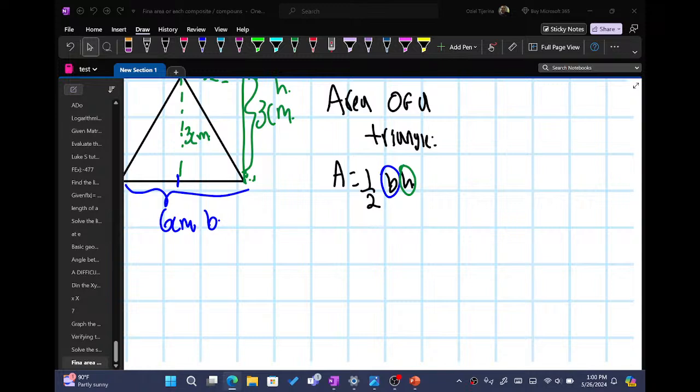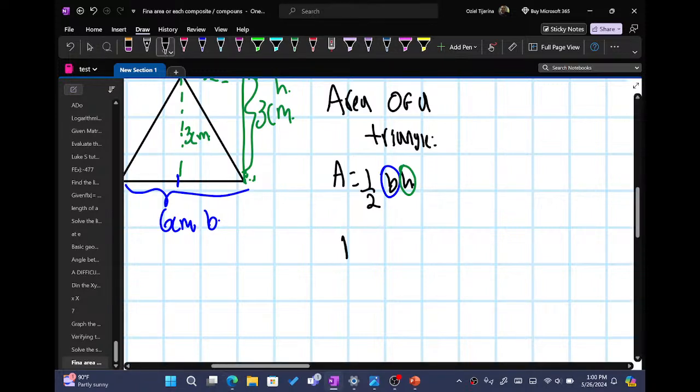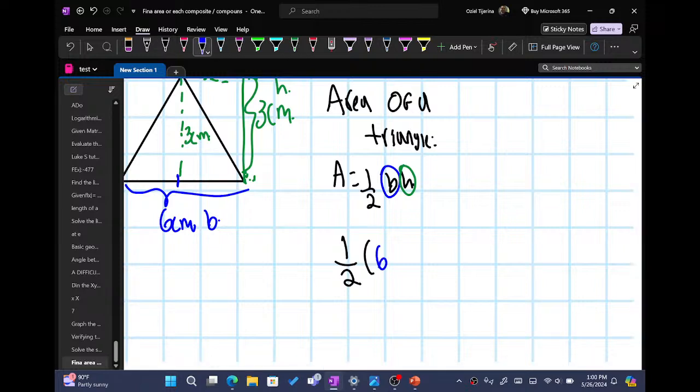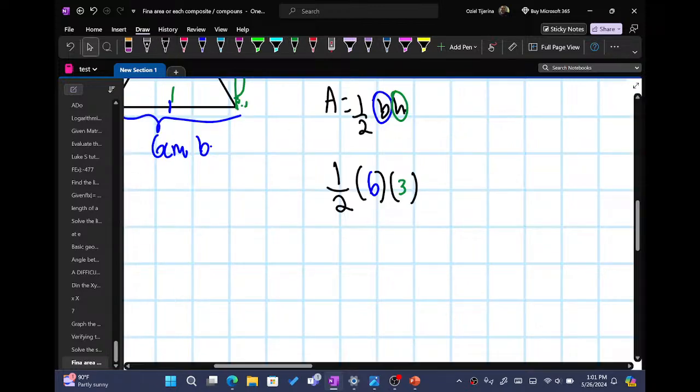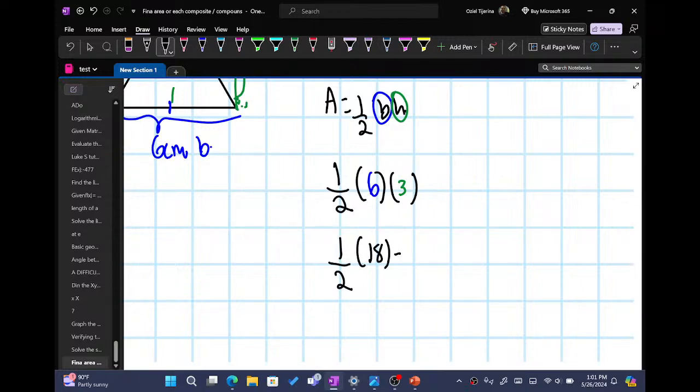So we have 1/2 times 6 times 3, right? And we can see that this is 1/2 times 18, which equals 9, right?